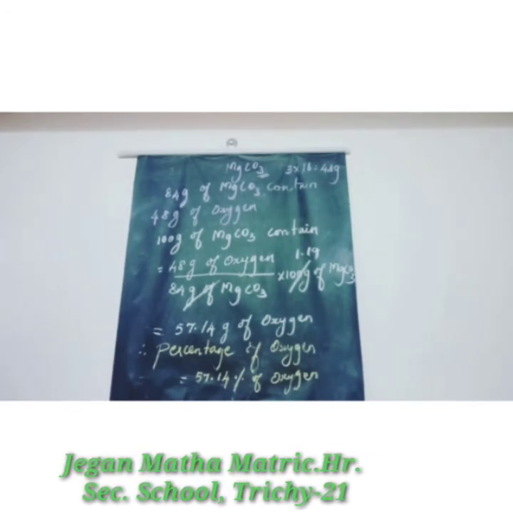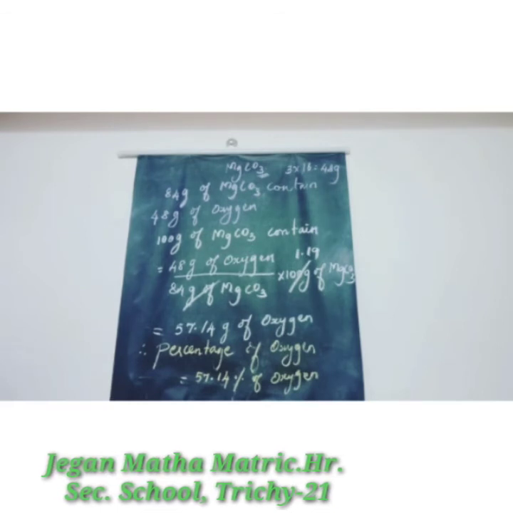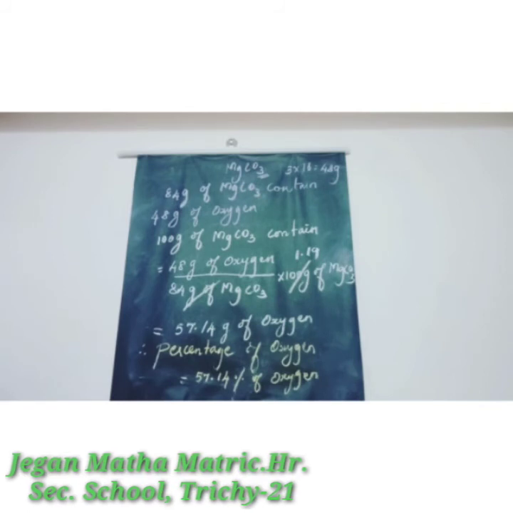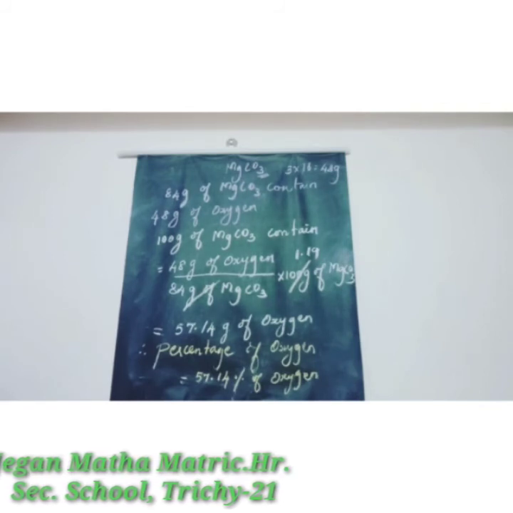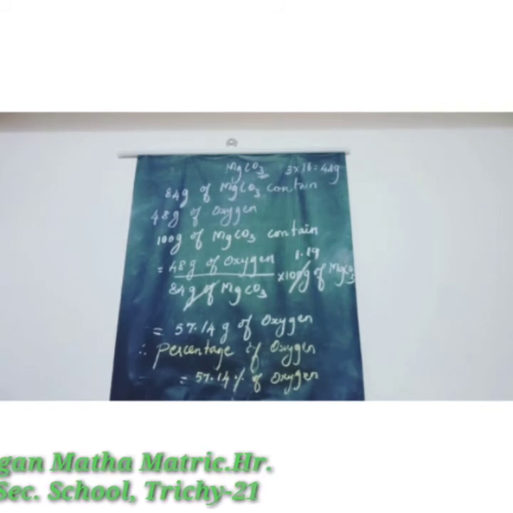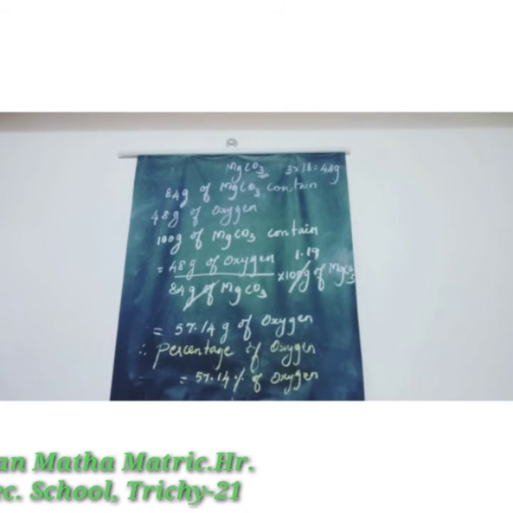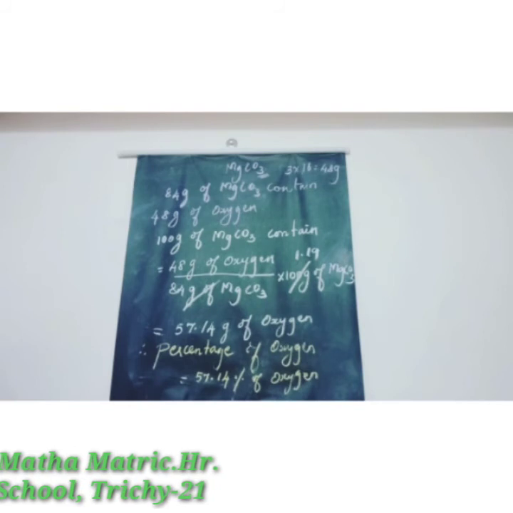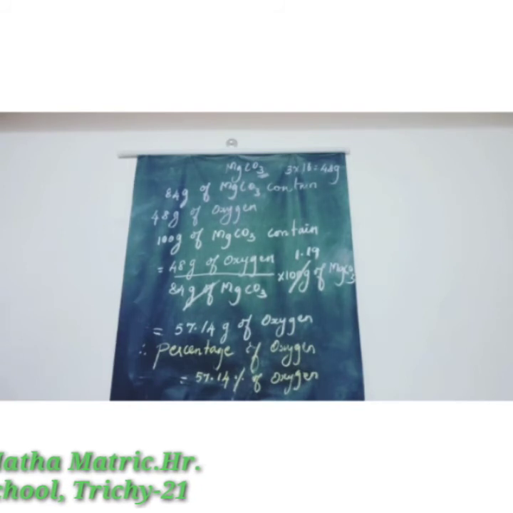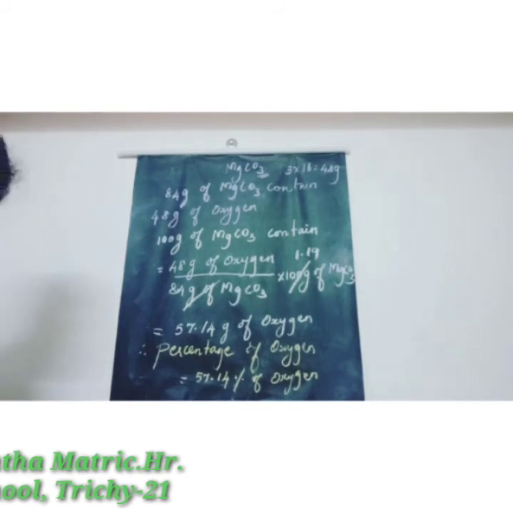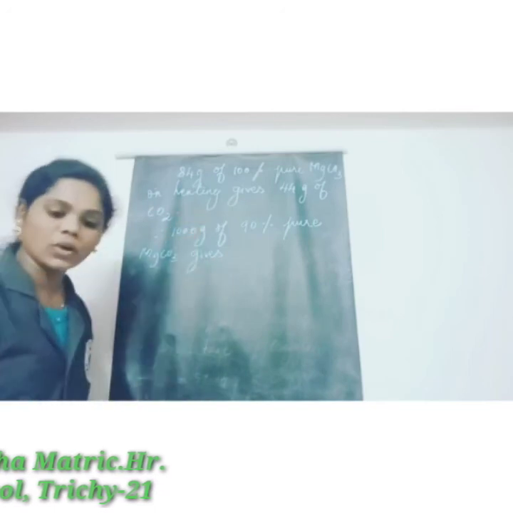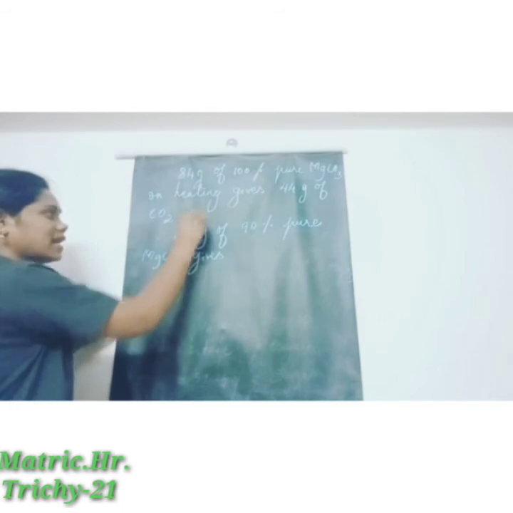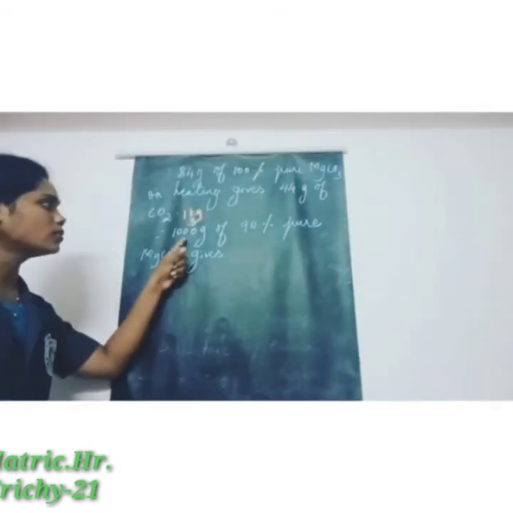As per the stoichiometric equation, what is given in the question? 84 gram of 100% pure magnesium carbonate on heating gives 44 gram of carbon dioxide. Therefore, 1000 gram of 90% pure magnesium carbonate gives? In the question, 1 kilogram is given. Here the kilogram is converted into gram, so 1000 gram.